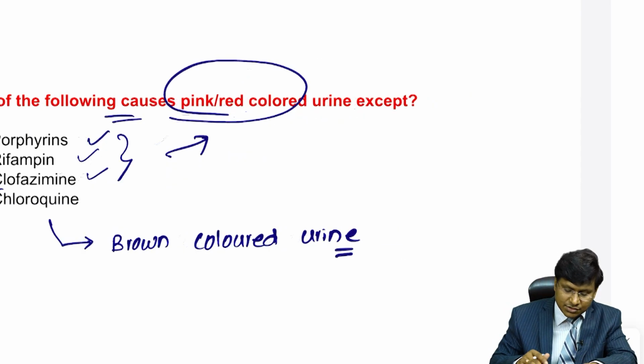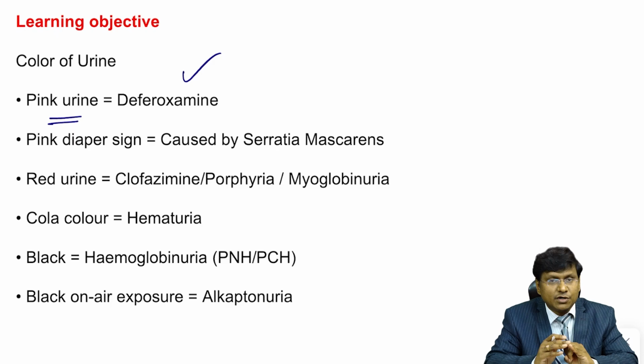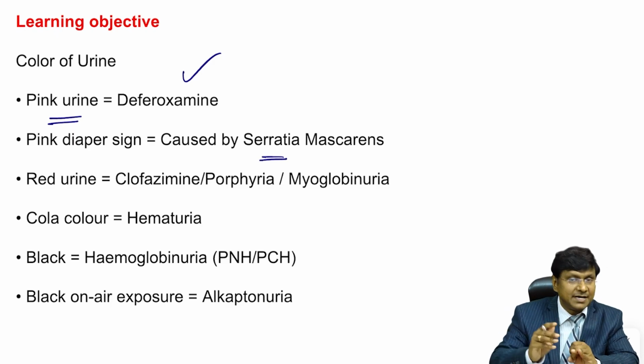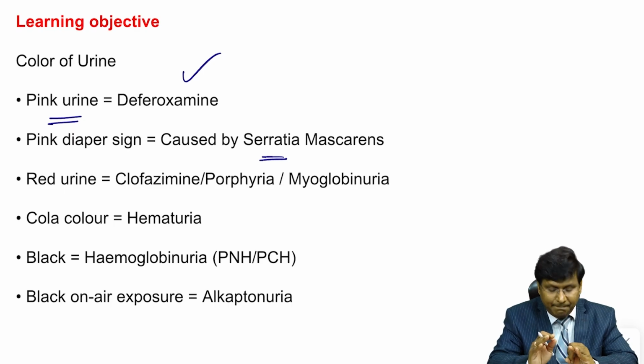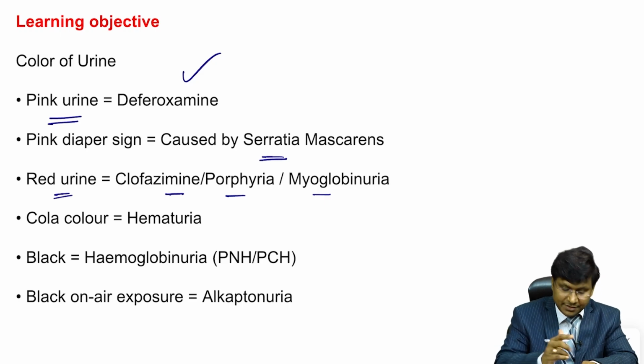Now if you see the colors of the urine, in case of desferoxamine toxicity, the urine color is pink. Whereas in Serratia marcescens infection, you have what is called the pink diaper sign. In clofazimine, porphyria or myoglobinuria, it will be red urine.